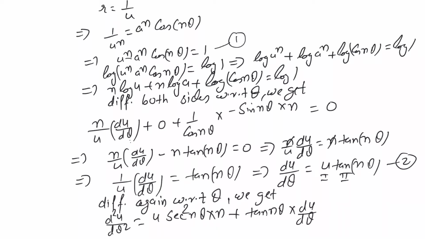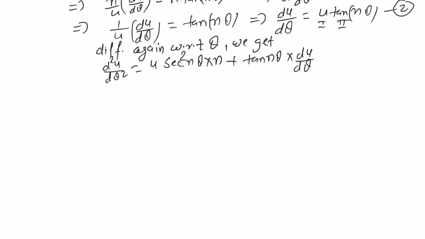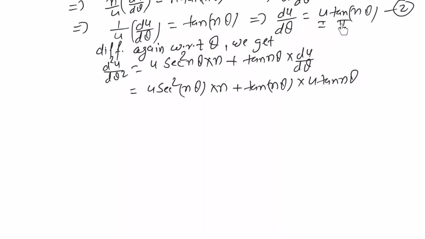Now from equation number 2 we can write u sec² nθ into n plus tan nθ into u tan nθ, using equation number 2 where du/dθ = u tan nθ. We have put it over here. So this will be u sec² nθ into n plus u tan² nθ.